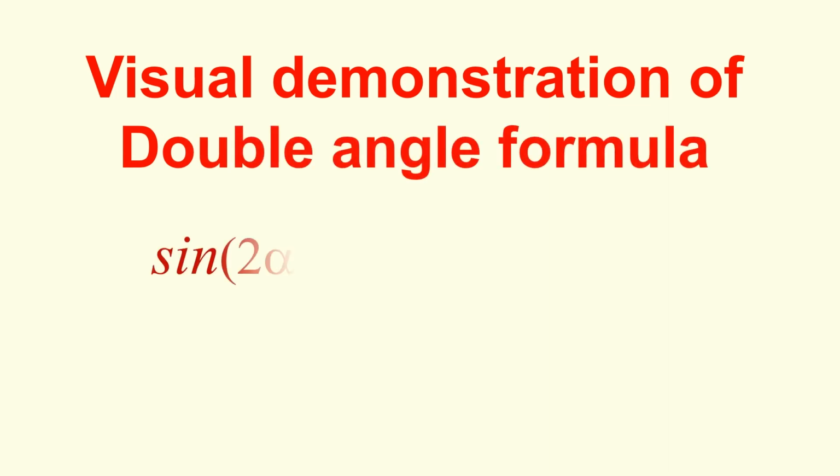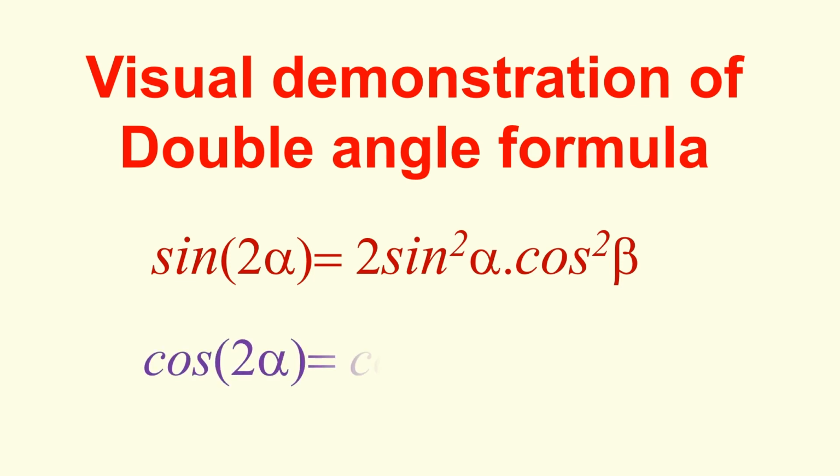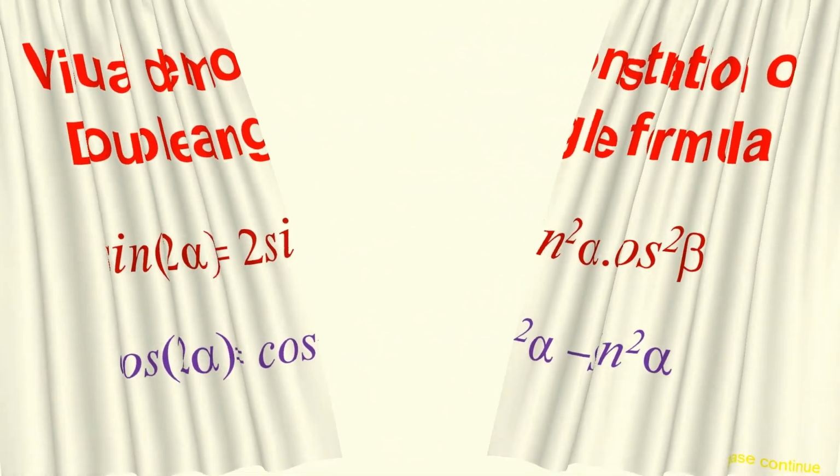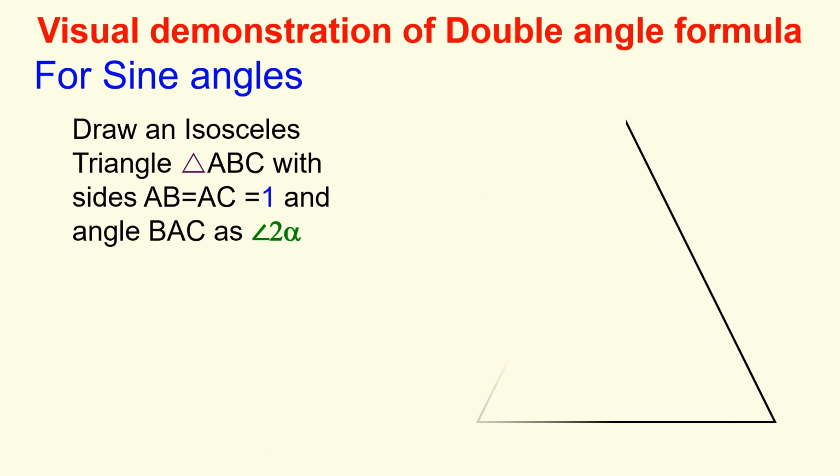Now, a visual demonstration of the double angle formula. Let us see it for the sine of double angle. Draw an isosceles triangle ABC with sides AB equals AC equals 1 and angle BAC as angle 2 alpha.